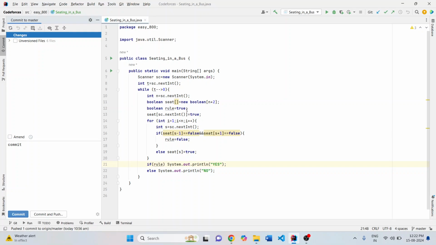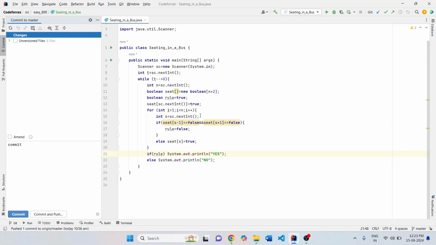We have initially assumed it to be true, that they are being followed. Now for the first passenger, we accept the seat automatically because he can sit anywhere, and we set that seat's index to true, meaning it is occupied. For the next passengers, we run a loop. We take the seat number S. After that, we check whether seat S minus 1 is occupied and whether seat S plus 1 is occupied.